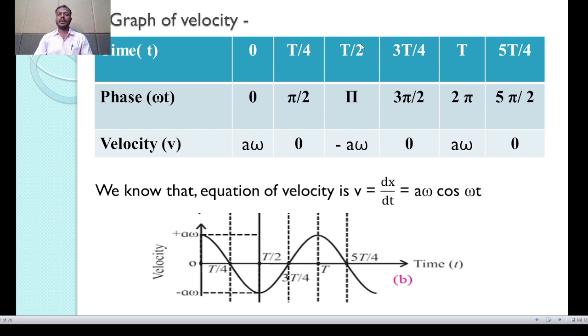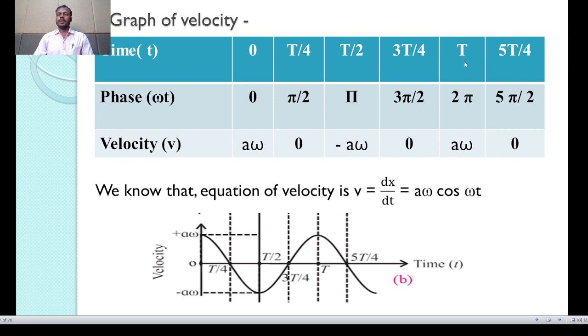Here the time is T divided by 2. At the time T divided by 2, the velocity is minus a omega, that is here the term is minus a omega. Okay, so the next point is putting the value of 3π divided by 2. Cos 3π divided by 2 is 0, 0 into a omega is 0, that is velocity becomes 0 when the time is 3T divided by 4, and the point is here.